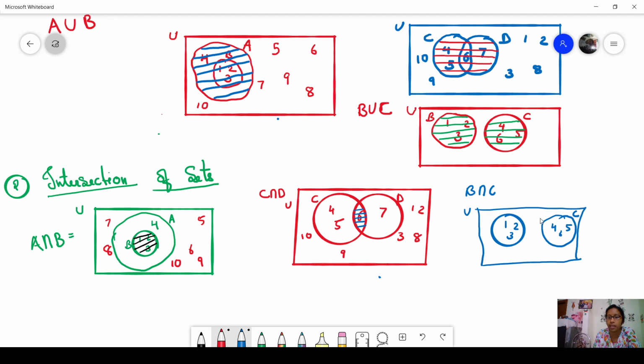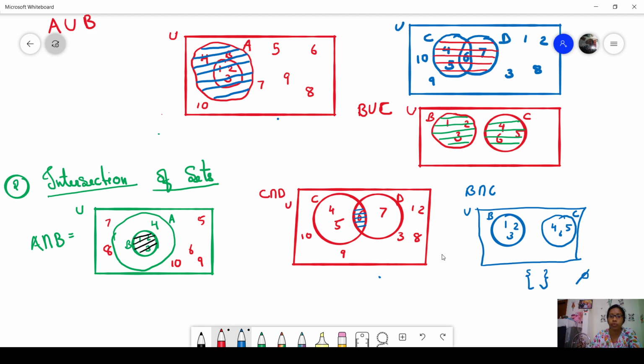This is our C and this is our B. Now it is clearly a disjoint set. So there is no element in B intersection C. So the intersection we cannot shade, it is a null set.